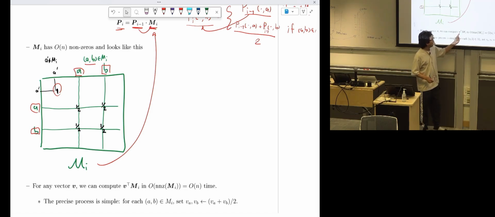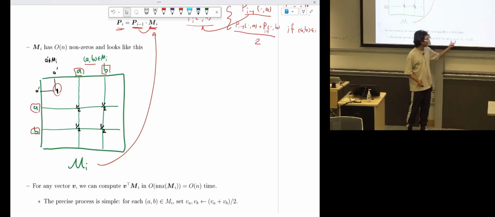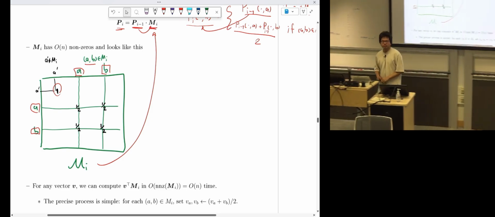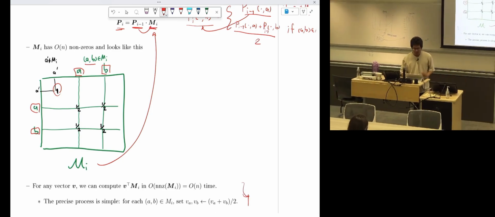You have this vector V, then you just scan through all the edges in the matching. For each edge in the matching, you assign both the new value of VA and the new value of VB to be the average of VA and VB. So that's what happens. This is clear that you can do it in linear time.